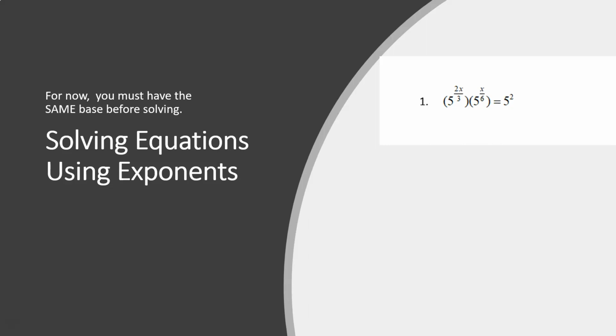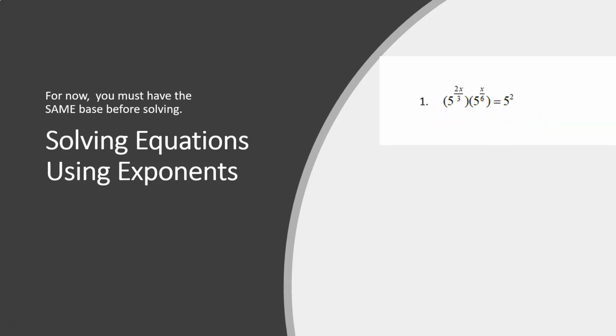So the most important thing, and for now you're going to learn a different way later in higher level math, but for now you have to have the same base when you solve. Okay, so here in number 1 you have the base of 5s throughout.